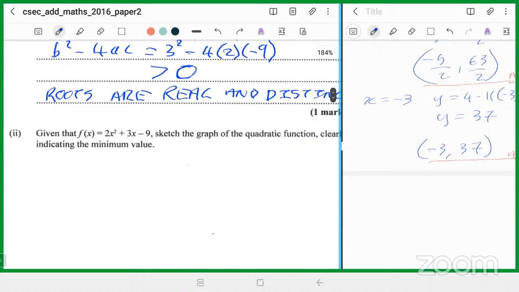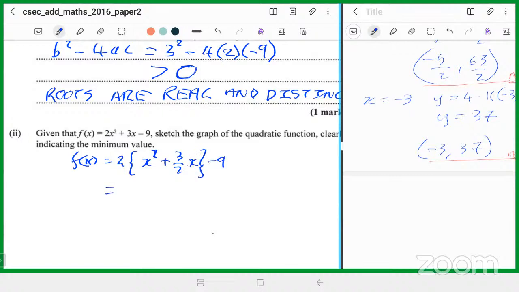So we're going to complete the square of this thing. All right? Since that's on the syllabus, that's the method we're going to use. So it's the same thing again. We're going to write f of x as factorize out the 2 from these two terms, and we're going to get 2 into x squared plus 3 over 2x, all in the bracket, and then minus 9.